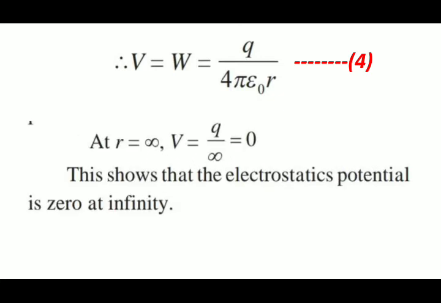At R equal to infinity, V is equal to Q upon infinity, that is 0. This shows that the electrostatic potential is 0 at infinity.